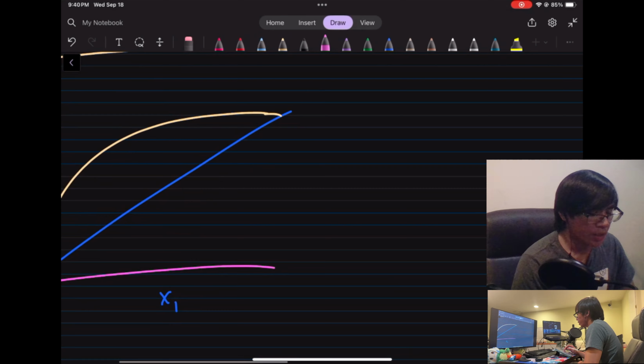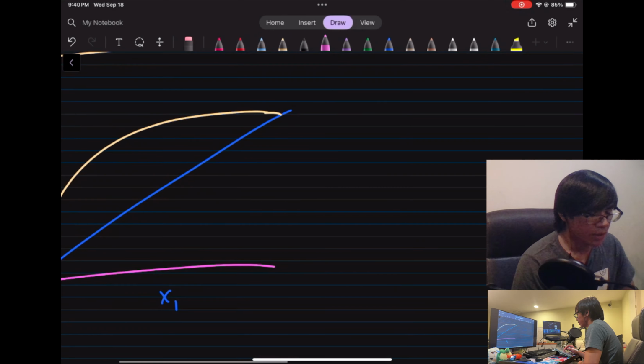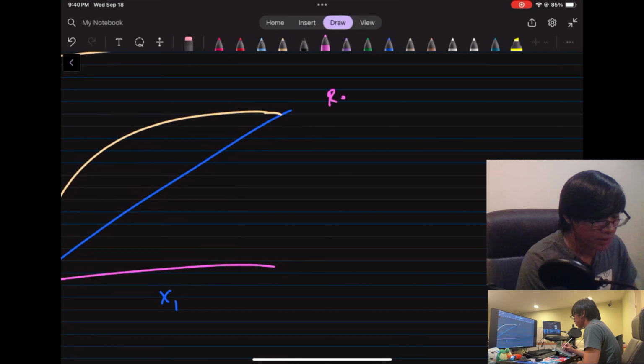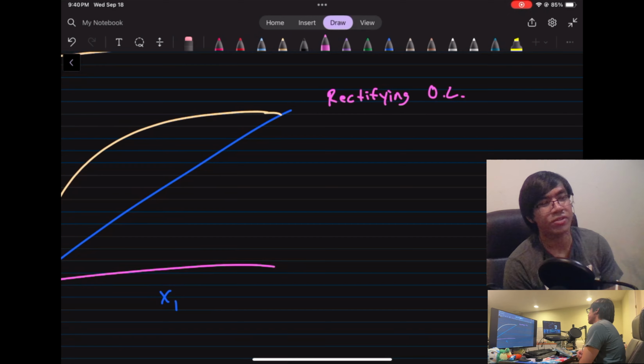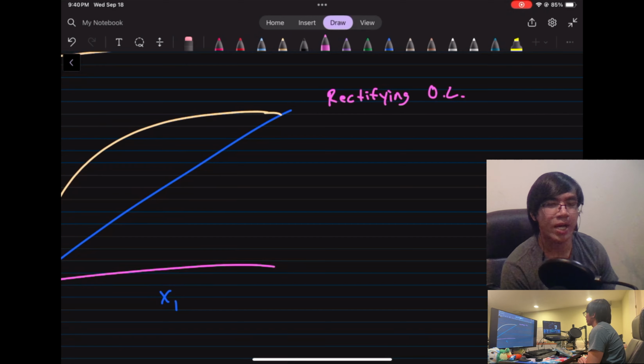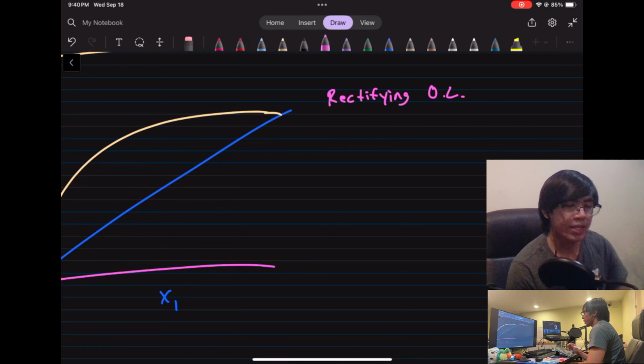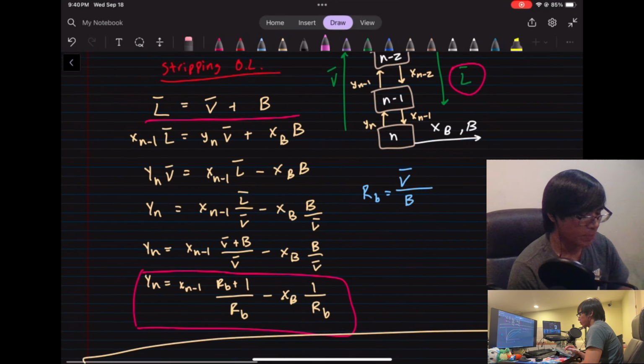For our rectifying operating line, we're going to want to graph that. Remember, these operating lines don't necessarily have a physical meaning on every single point. You'll end up seeing that the operating line relates the two streams going past each other between both phases. And that's what we discovered from our mass balances here.